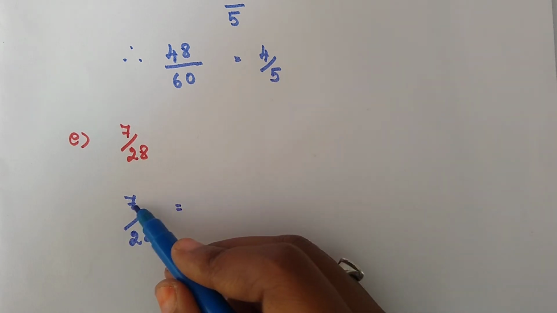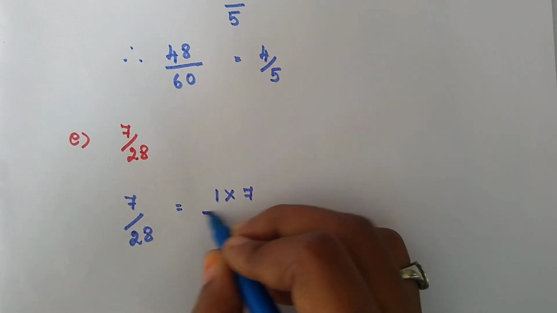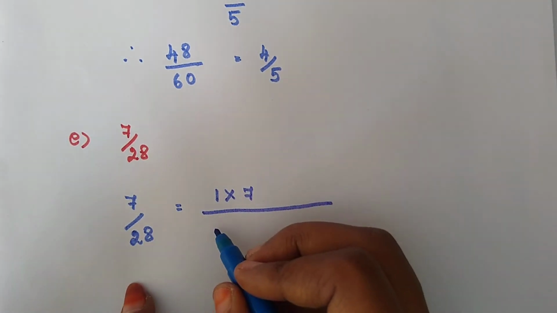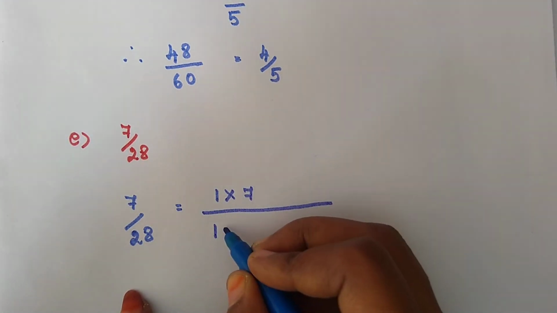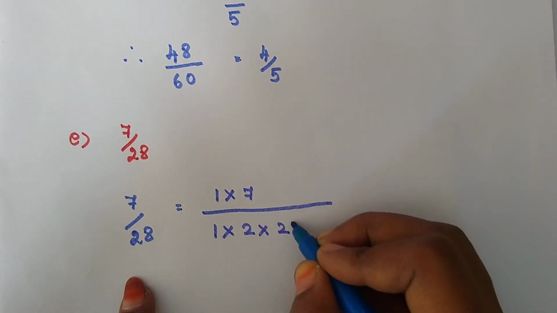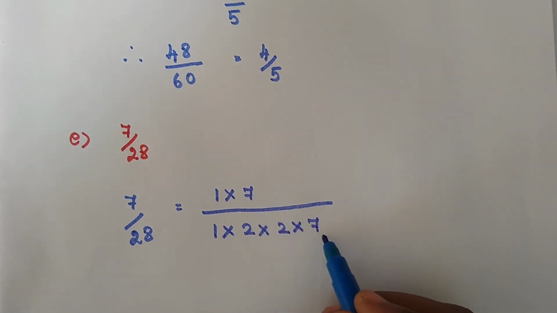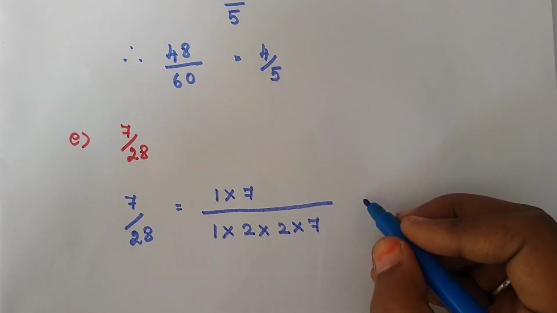What is the factor of 7? 1 into 7. This is the factor of 7. And 28 is 1 into 2 into 2 into 7. 2 2s are 4, 4 7s are 28.